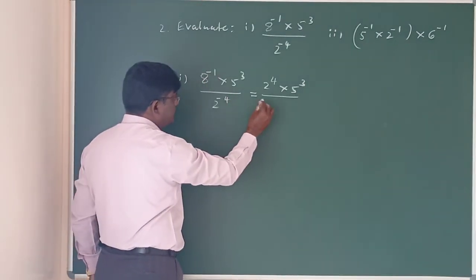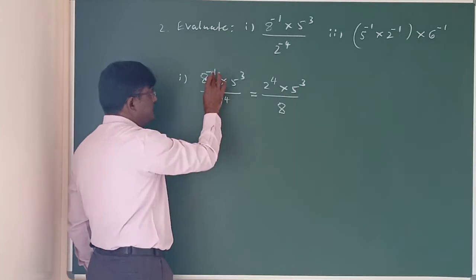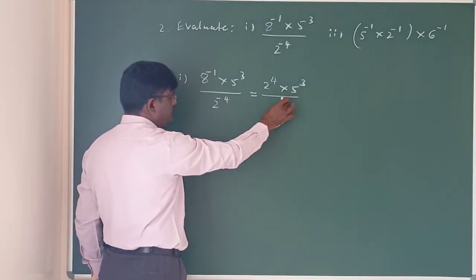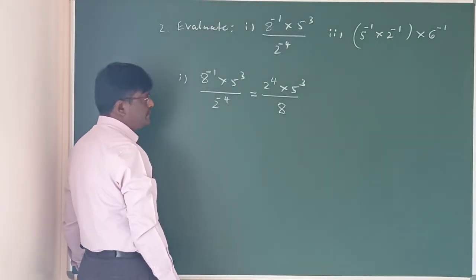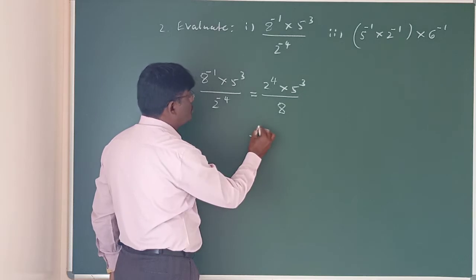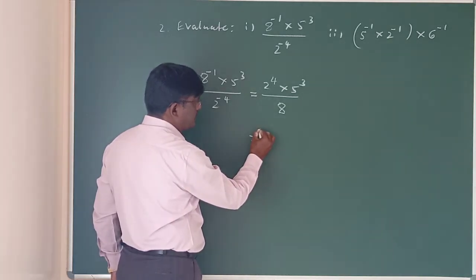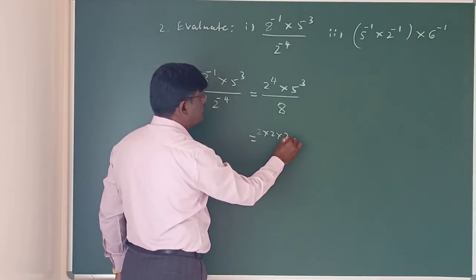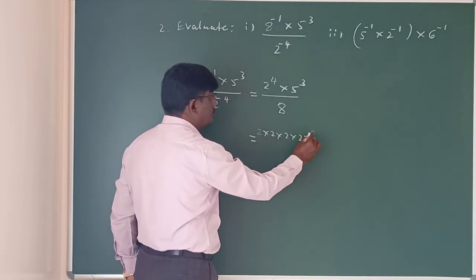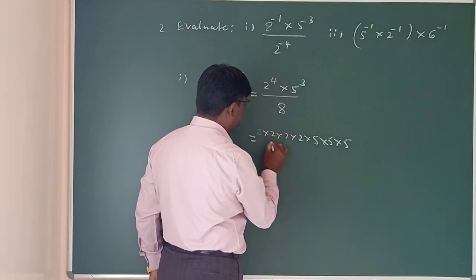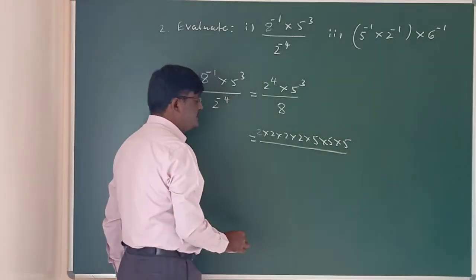Then 8 power minus 1, since it is negative, sent to the denominator, it becomes 8 power plus 1. That one no need to mention. Okay. Now therefore, this 2 power 4 can be written as what? 2 into 2 into 2 into 2 into 5 into 5 into 5 divided by, what is done?